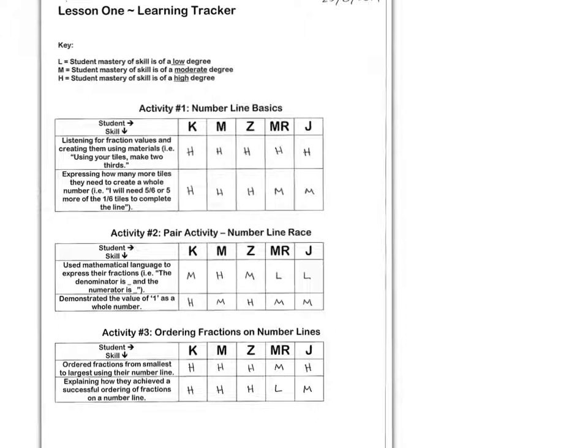So in this, for each of the activities that he's run during the lesson, he was to observe the degree of mastery of each of the 5 students in his group for each of the learning intentions. And he's done that throughout the whole 3 sequence of lessons. So I quite like that. So I'm giving a big tick for that evidence, and he's used that evidence in his writing, in his reflection.